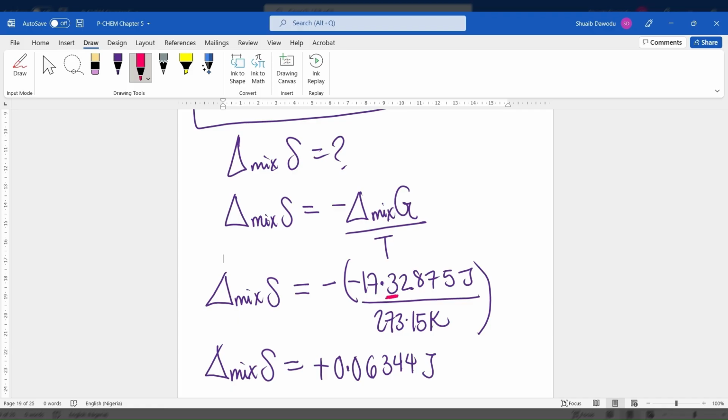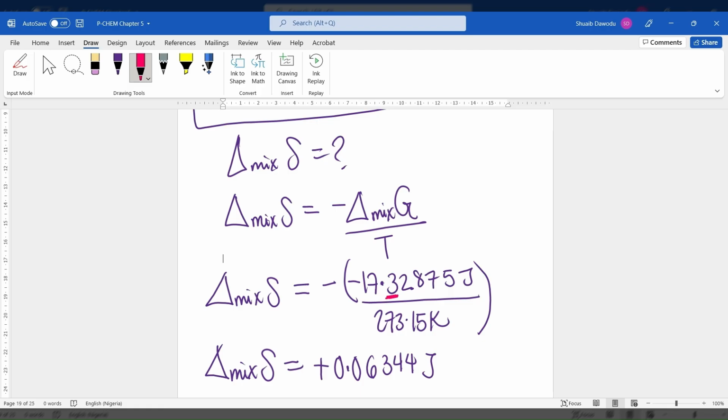Because if I use negative 17.3 in my calculation, even though our work may be done properly, our answer is not going to be correct because we're not using the exact or as precise a value as we're supposed to use in calculations. All these significant figures and decimal places are very important in chemistry. So we have to use the raw value negative 17.32875 and not the approximate value.